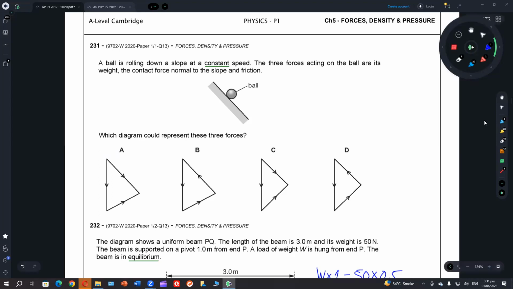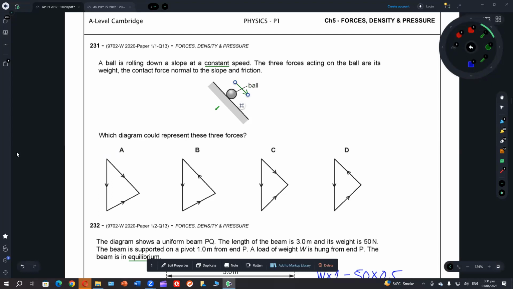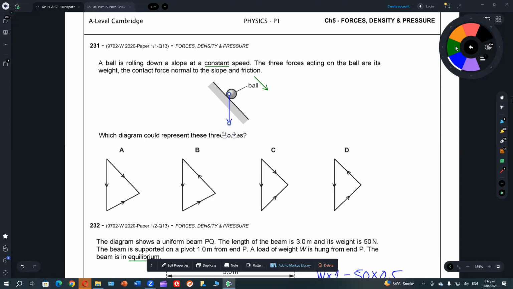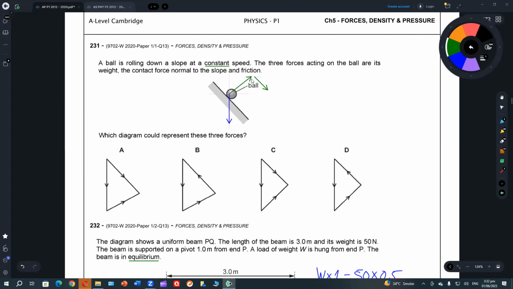Yes, the ball is rolling down. I'm showing the possible forces on the figure.